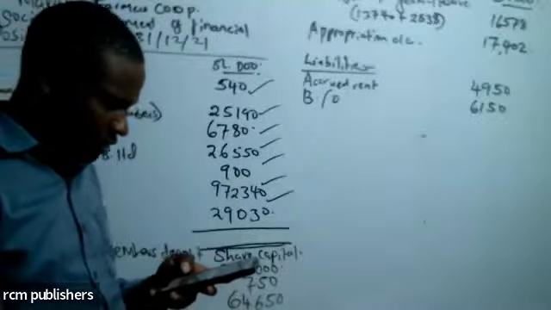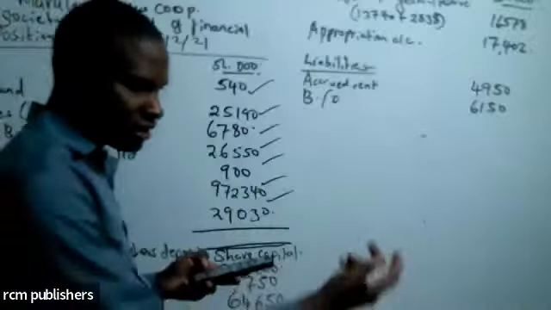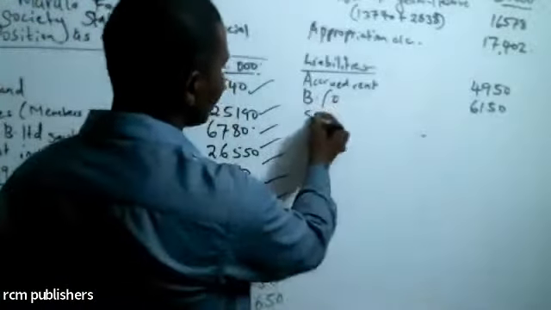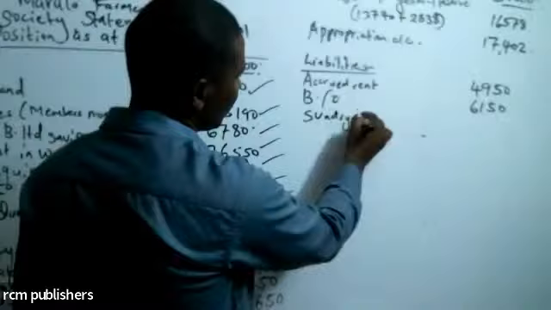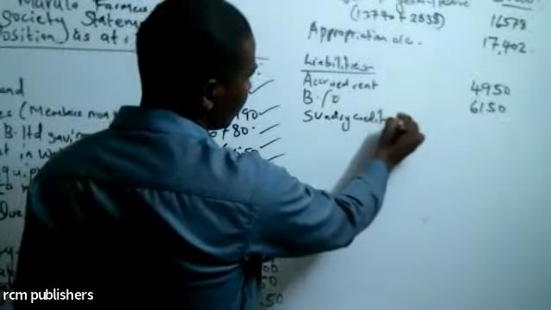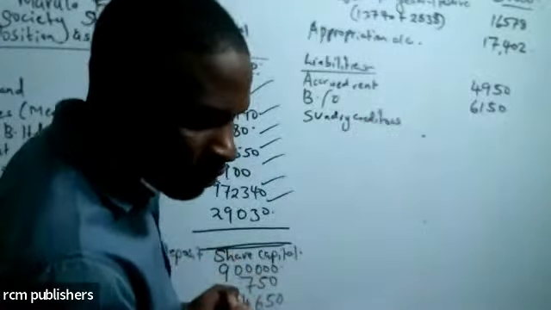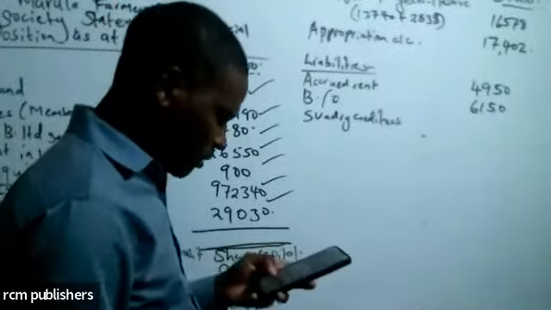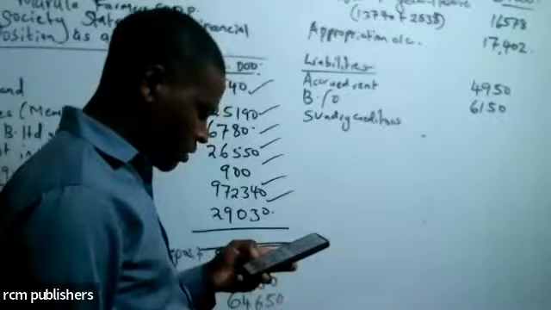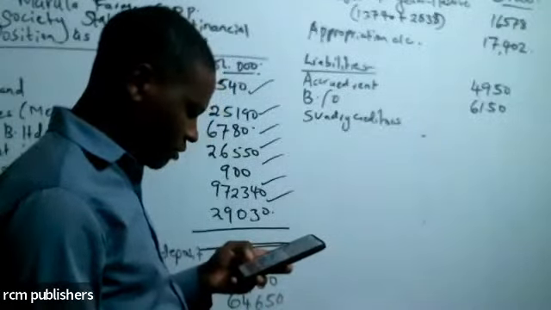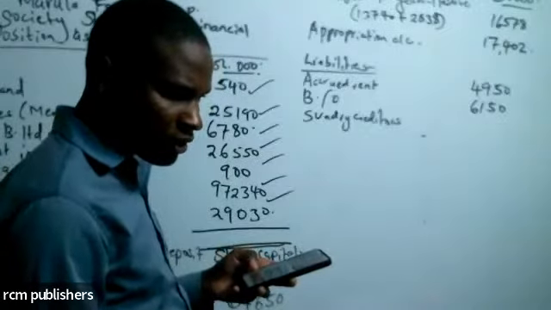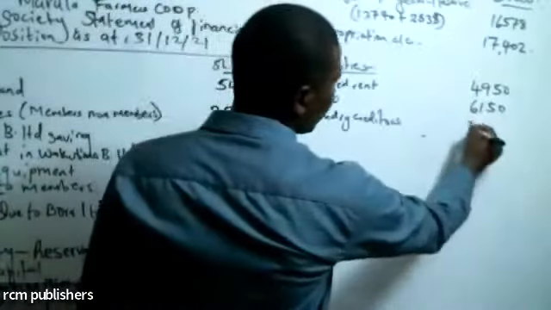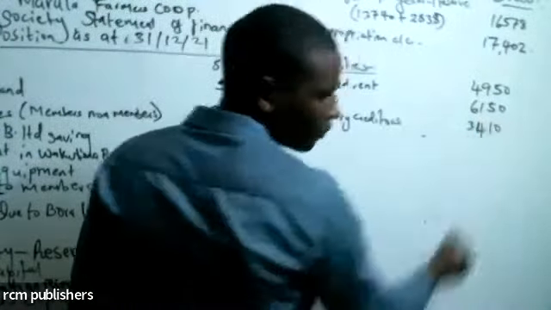Sundry, kuna mtu anapatia sundry sasa. Sundry creditors, yes. Na napewa ngapi? Ni ngapi sundry? Angalia pale sundry yangu. Is it 3410? 3410.